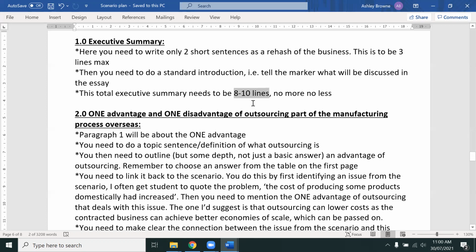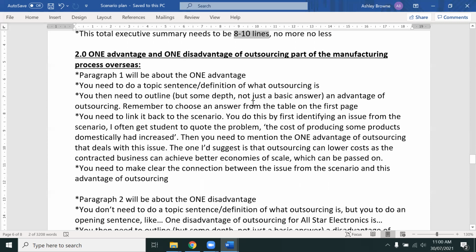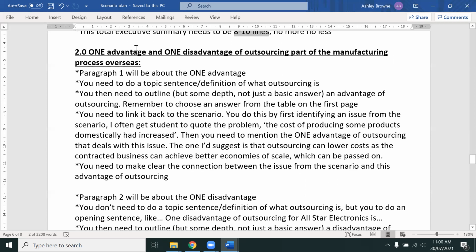Now, back to how we set out this first question. Outline 1 advantage and 1 disadvantage of outsourcing part of the manufacturing process overseas. So I like to have a reasonably detailed subheading. It tells me when I'm marking it that the kid knows exactly what they're going to be writing about.